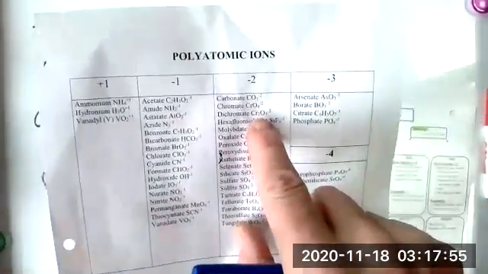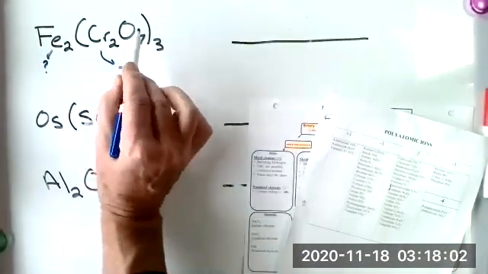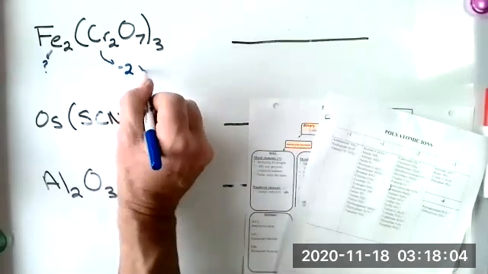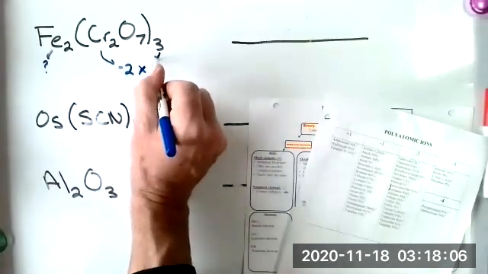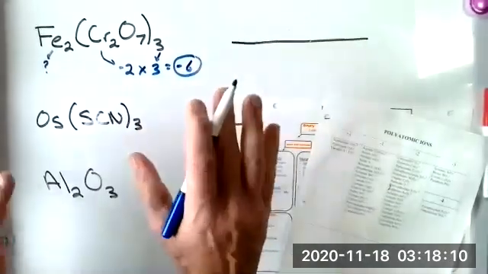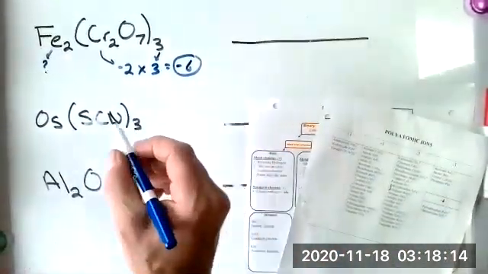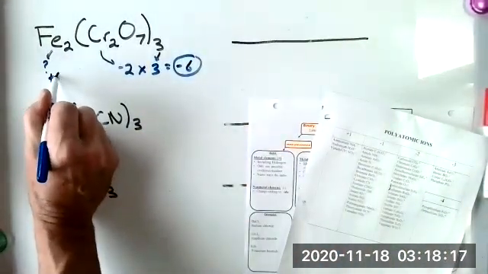Cr2O7, there it is, and there's his charge, -2. So I know he's -2, but I see some parentheses with this number on the outside, and that's just screaming at you to multiply it by -3. Okay, so I get -6 on the right, which means the other side has got to be the opposite at +6.